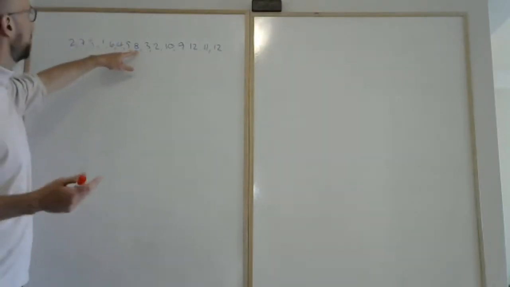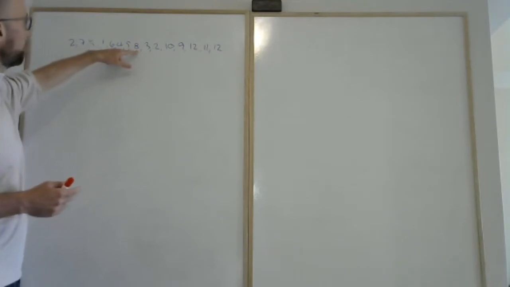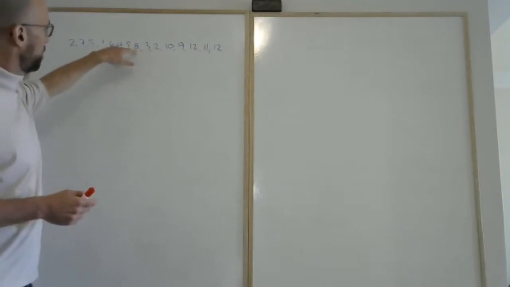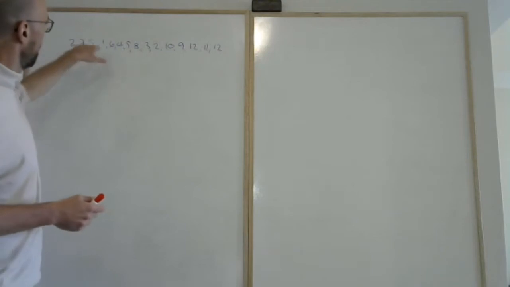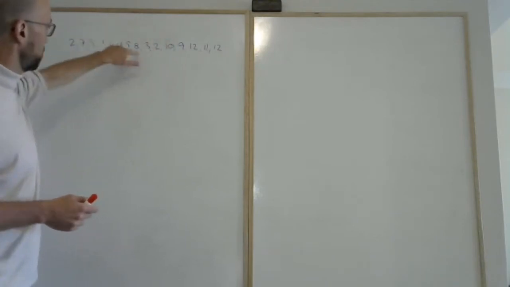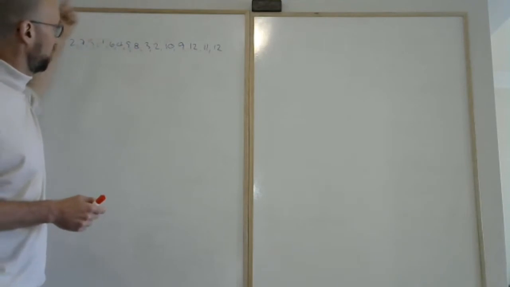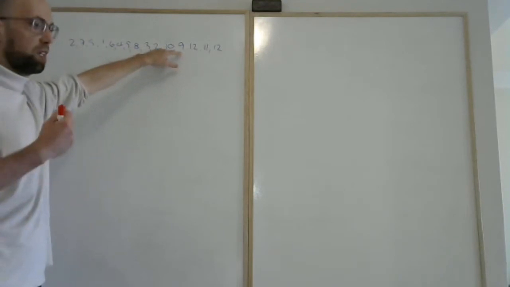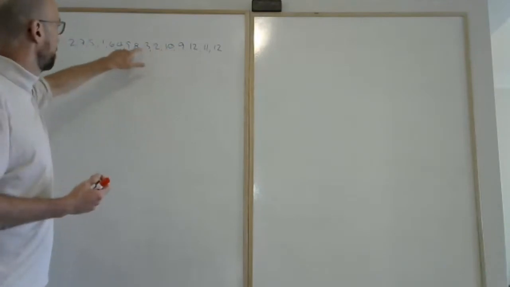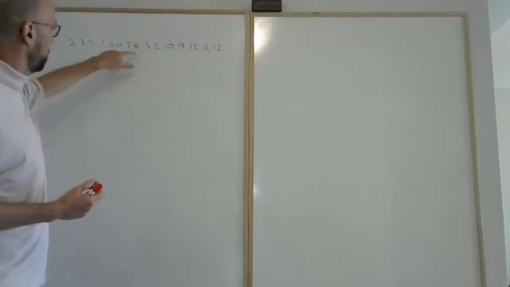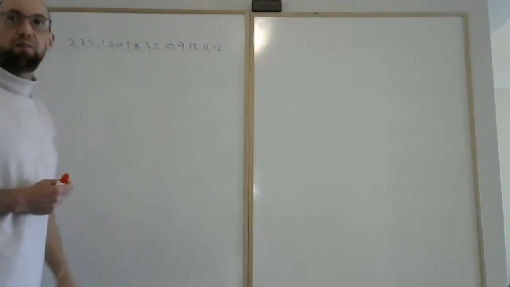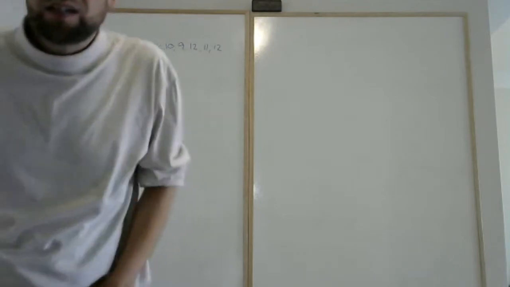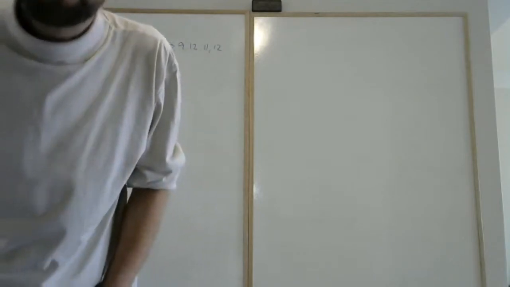I haven't worked it out. Maybe it is, maybe it isn't. But if the longest subsequence that ends at any of these numbers which is less than 9 is here and it's length 4, then here it's going to be length 5, because I would take the subsequence ending here and add a 9.